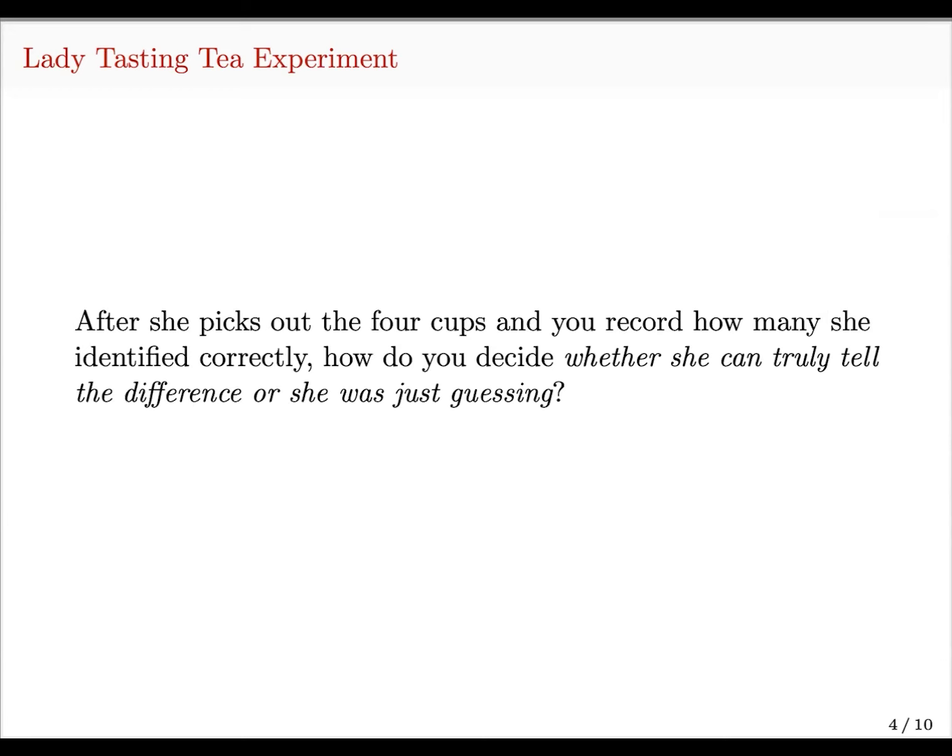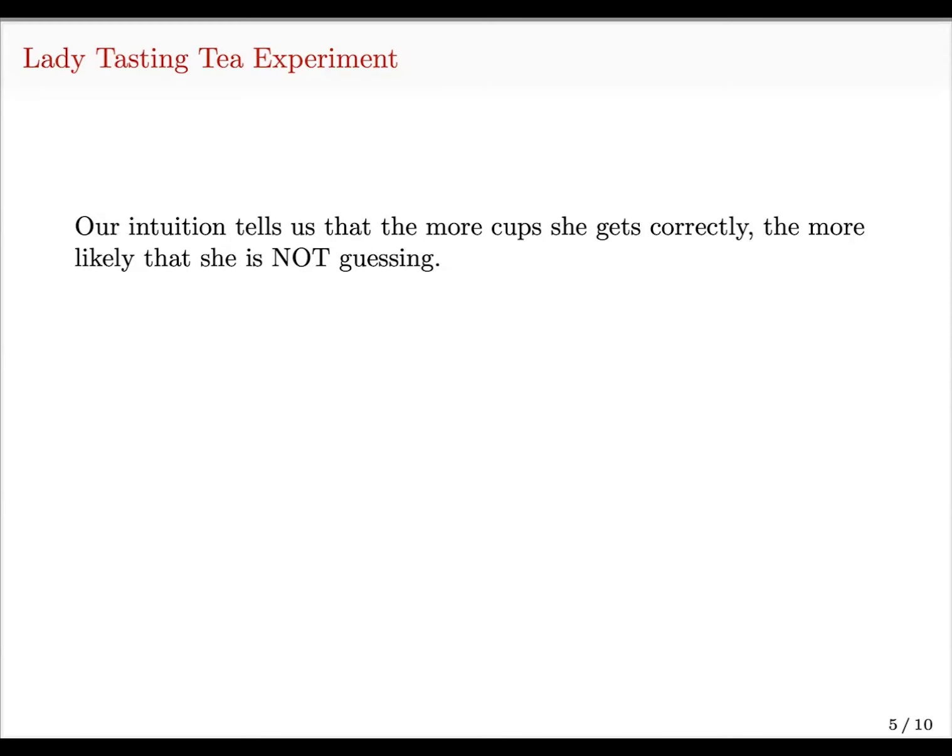But the next question is, how do you decide whether she can truly tell the difference or she was just guessing? Our intuition tells us the more cups she gets correctly, the more likely that she is not guessing.